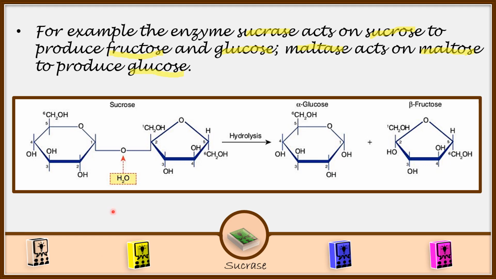So let us look here at our sucrose molecule. We are going to break it down into glucose and fructose. Here we are going to hydrolyze the sucrose. Hydrolysis means we are adding a water molecule.